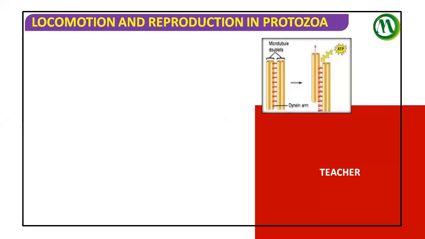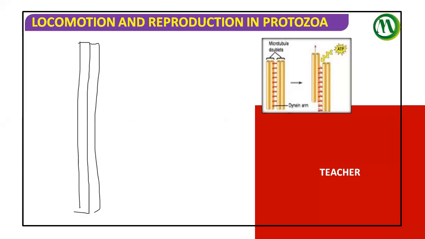If you see the microtubules in longitudinal section, there are 2 types of microtubules in the doublet, B and A. This is microtubule B and this is A. What do you find along the length?